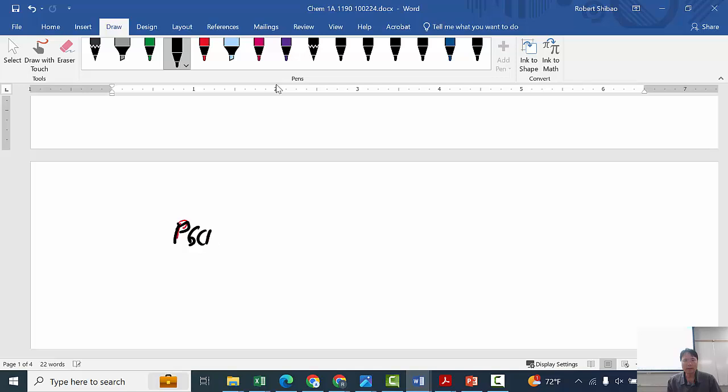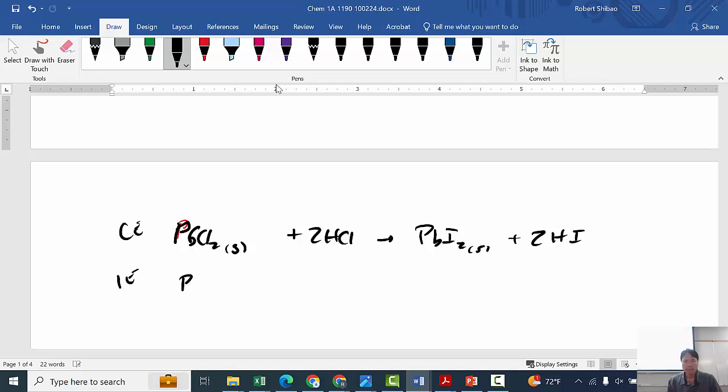PbCl2, I think most people got it, but some people didn't write the state. You got to write the state in here, and the state here. For the ionic equation, insoluble salts we don't break apart, but strong acids we do. So be careful. Some people didn't write the 2 here, and some people didn't write the charge here.